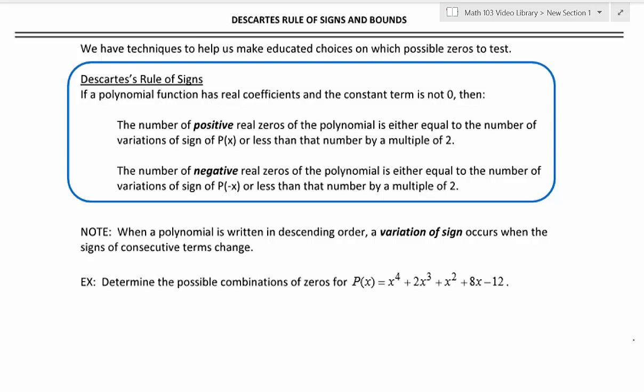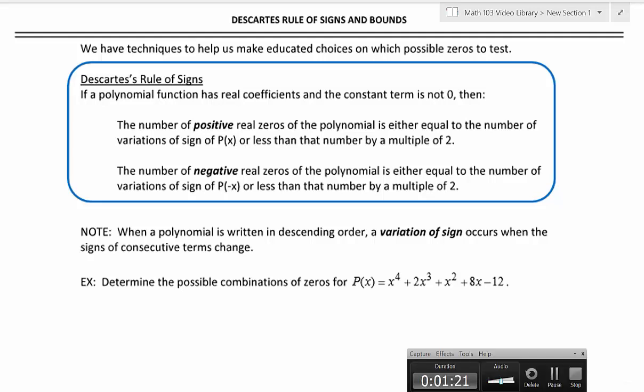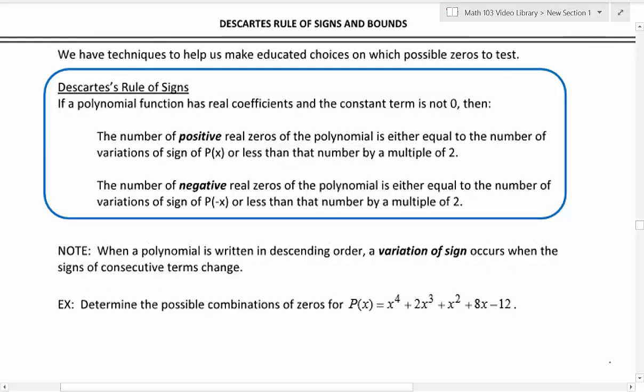And a sign variation is just when it switches from plus to minus or minus to plus. The number of negative real zeros of the polynomial is either equal to the number of sign variations in p of negative x or less than that by a multiple of 2. I can further explain this as we work through a problem.